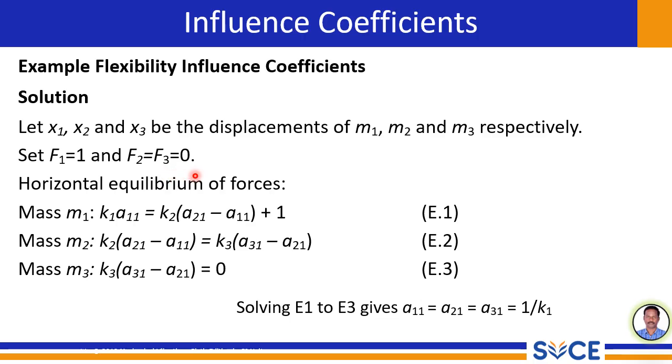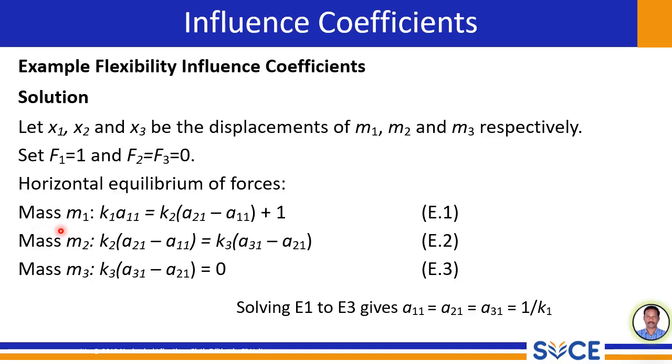Let x1 equal to A11, x2 equal to A21, x3 equal to A31 be the displacements of masses m1, m2, m3 respectively. We can analyze the horizontal equilibrium of forces for each mass in the static condition.